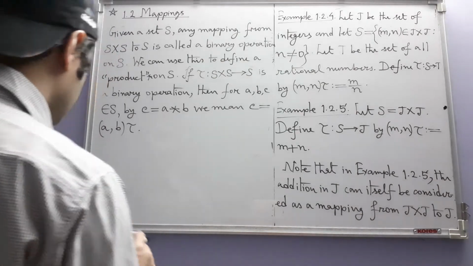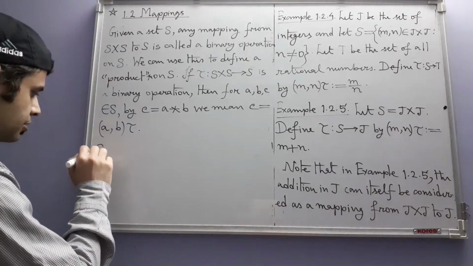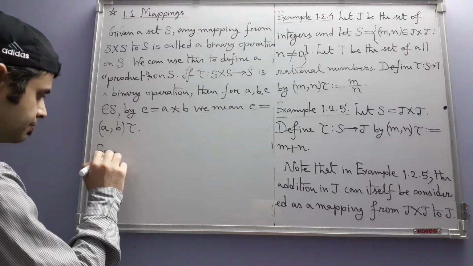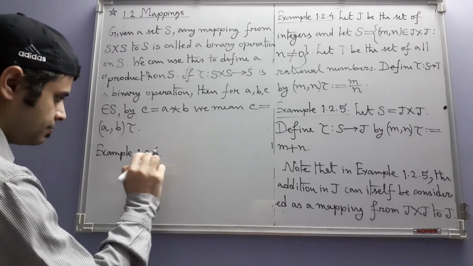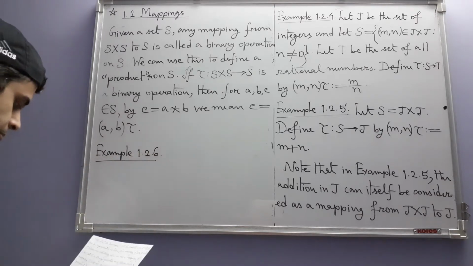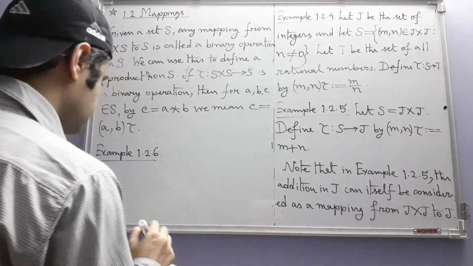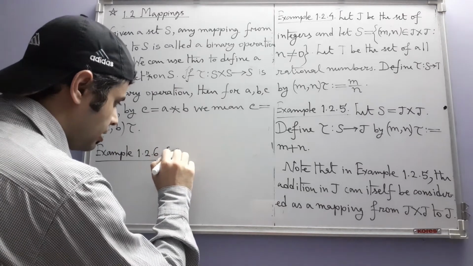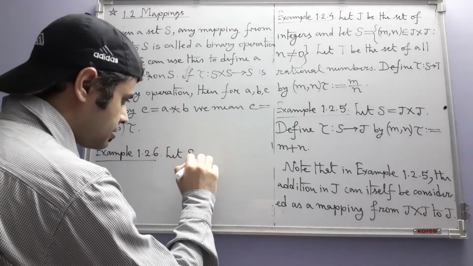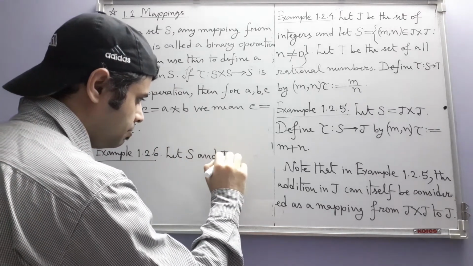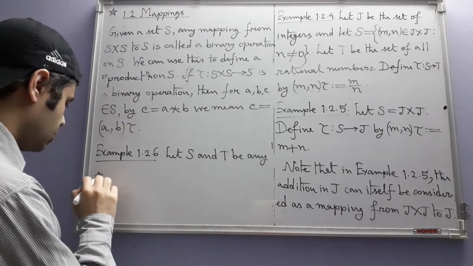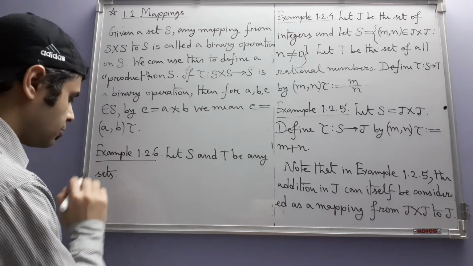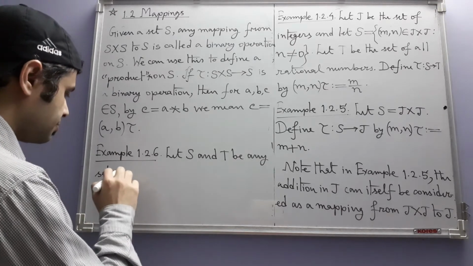Okay, so next we come to the sixth example. Let S and T be any sets. Keep in mind they have to be non-empty according to us.